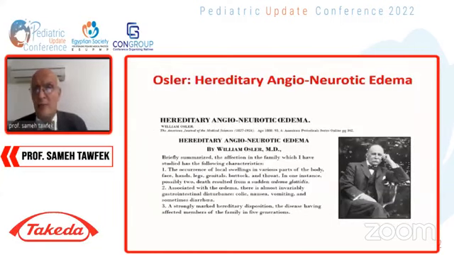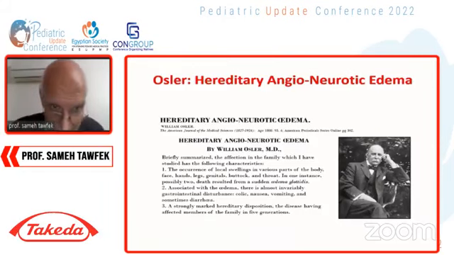Is hereditary angioedema a new issue? No. If we see this slide, we can see Osler, who was born in 1849 and died in 1919. He said, hereditary angioedema is an affection of the family which I have studied, having the following characteristics: the occurrence of localized swelling in various parts of the body, face, hands, legs, genitalia, buttocks, and throat.